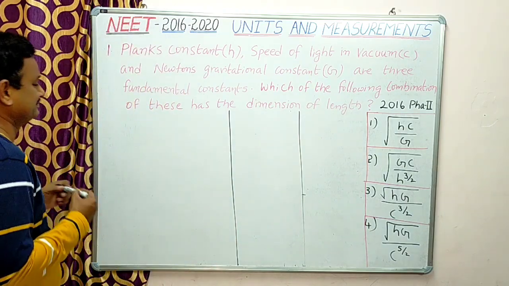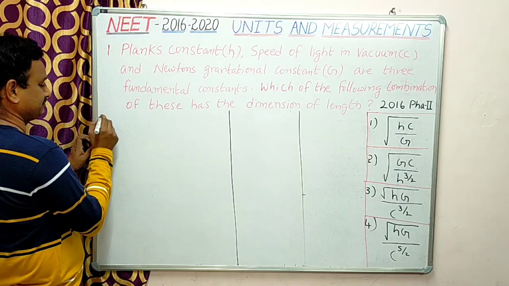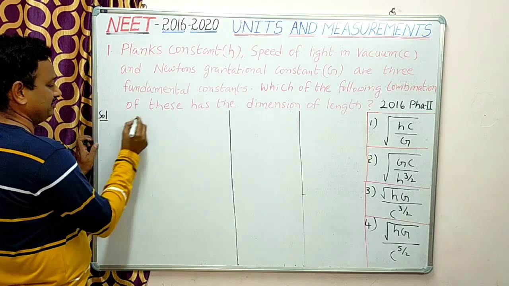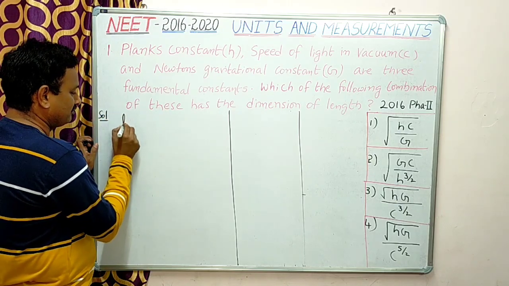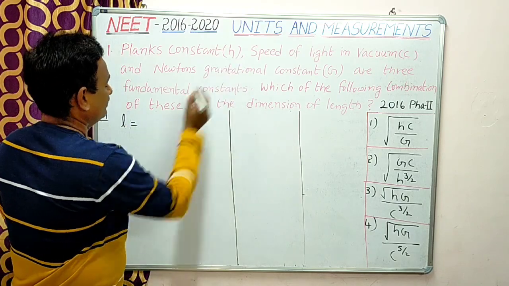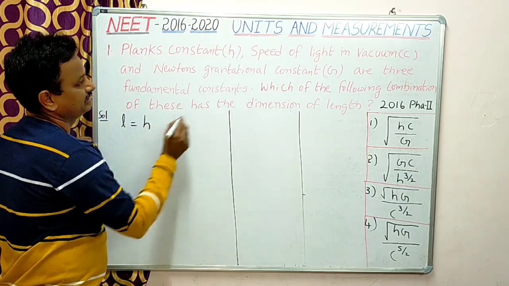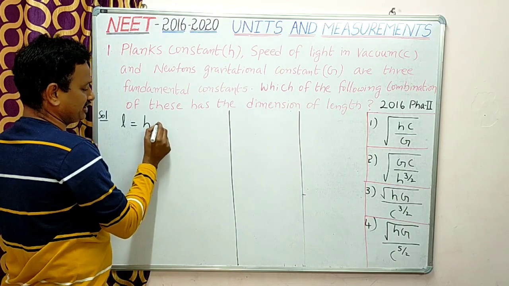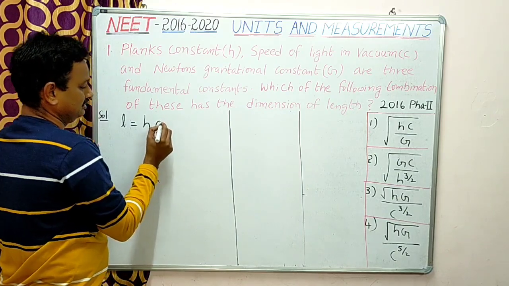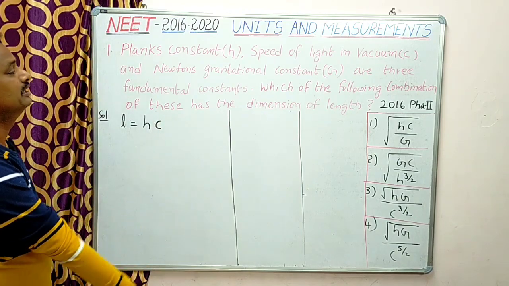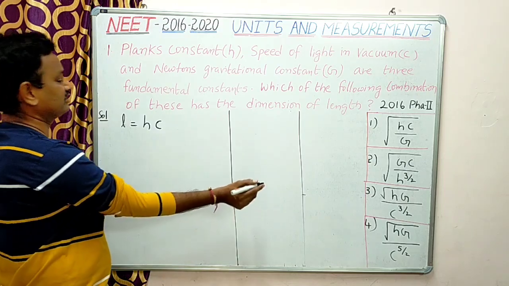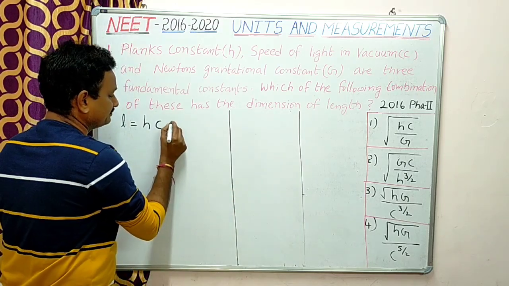Look at here. L equal to Planck's constant h, next speed of light in vacuum c, next Newton's gravitational constant, that is g.